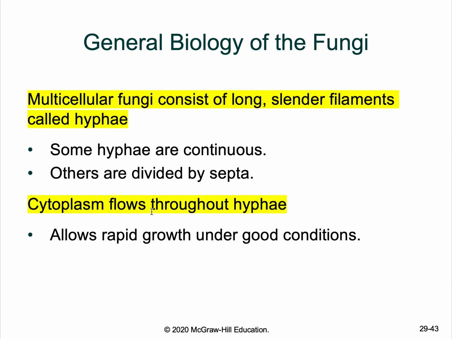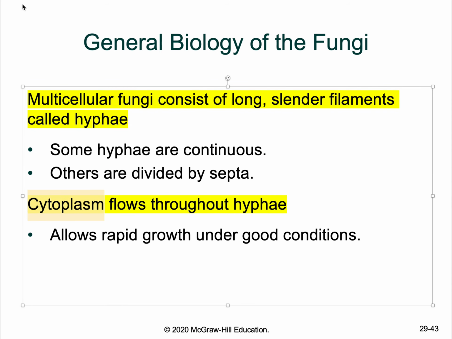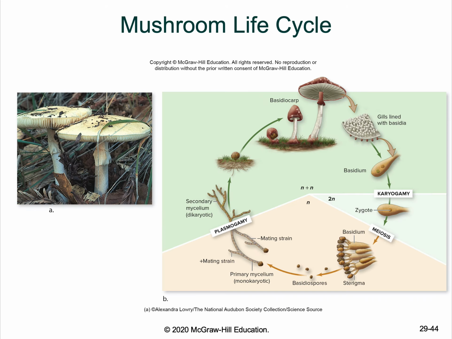They have cytoplasm, and I think we mentioned before why the cytoplasm is so important. The cytoplasm is where glycolysis occurs, and so this is how they're able to create ATP, right? So they can metabolize. This is a mushroom life cycle, so not all of the fungi have a life cycle like this. This is just for Basidiomycota, which is the mushrooms, and you have these in your front yard.